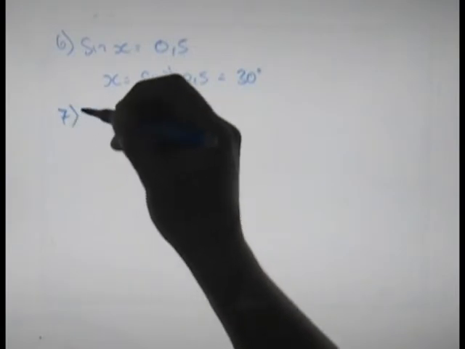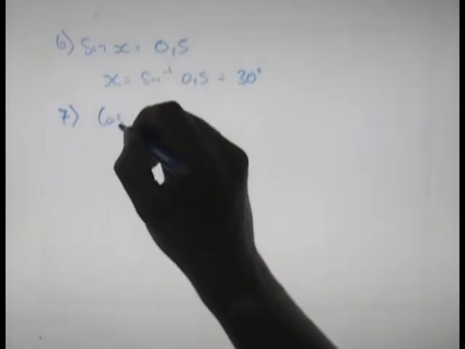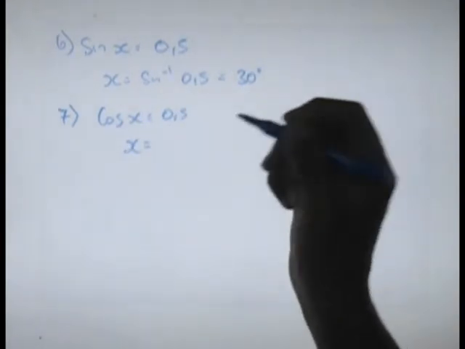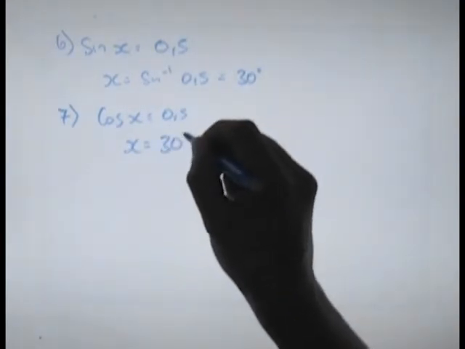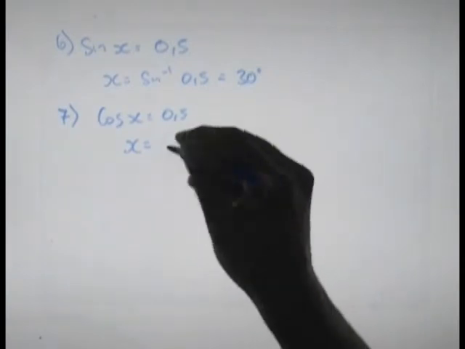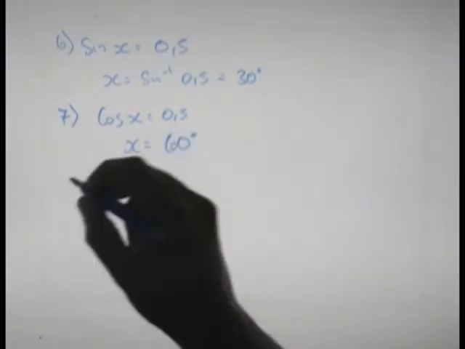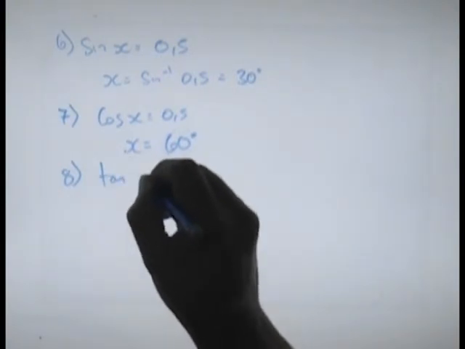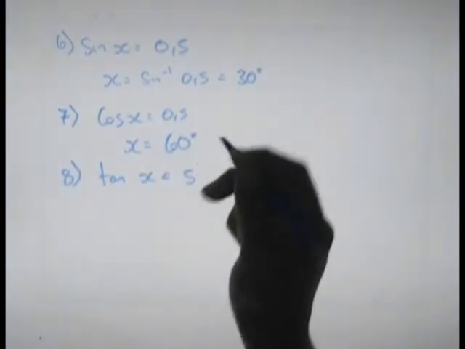Number 7, cos of x is equal to 0.5. That means that x is equal to, again, 60 degrees.